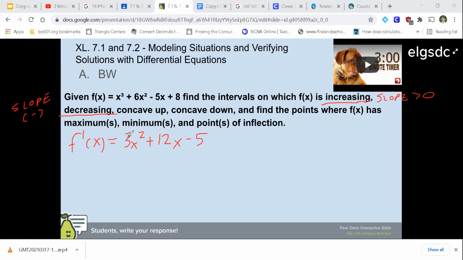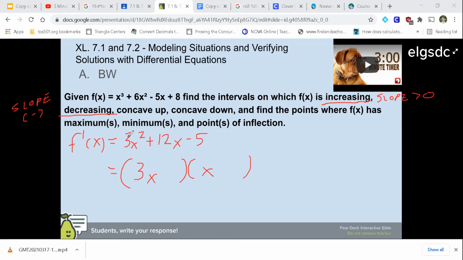Wait, can you factor this one? I think you can. If I'm looking at this, those are my choices for the lead terms, right? It's 3x and 1 or 1 and 3x. And the factors of 5 are just 1 and 5.